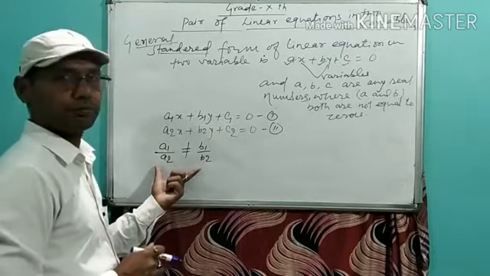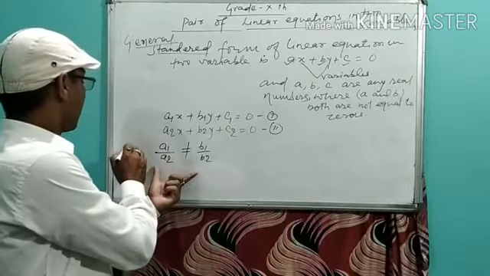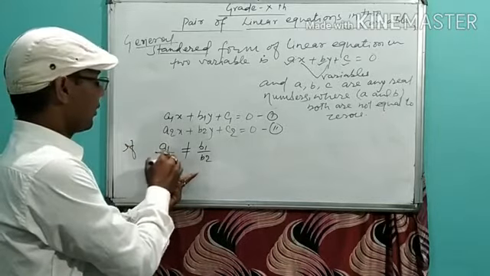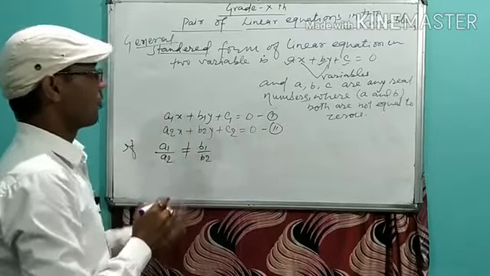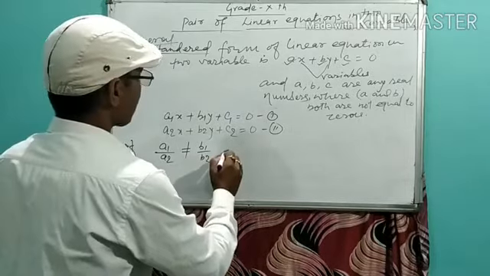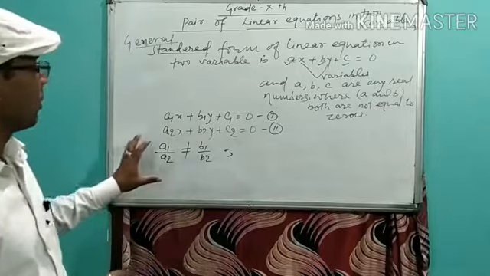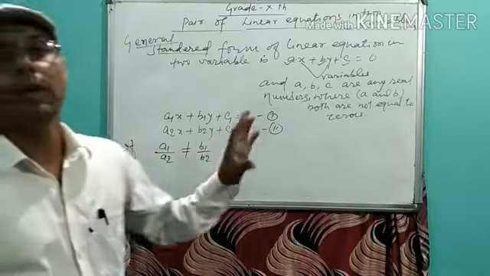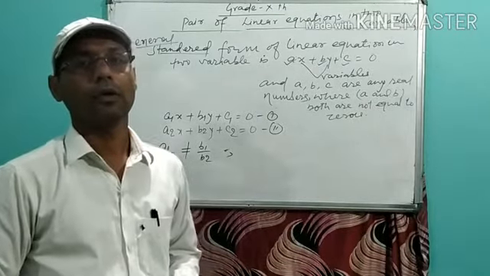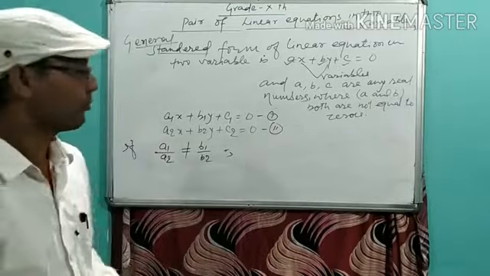This condition: if A1 by A2 is not equal to B1 by B2, then what will be? Then we will get a unique solution.